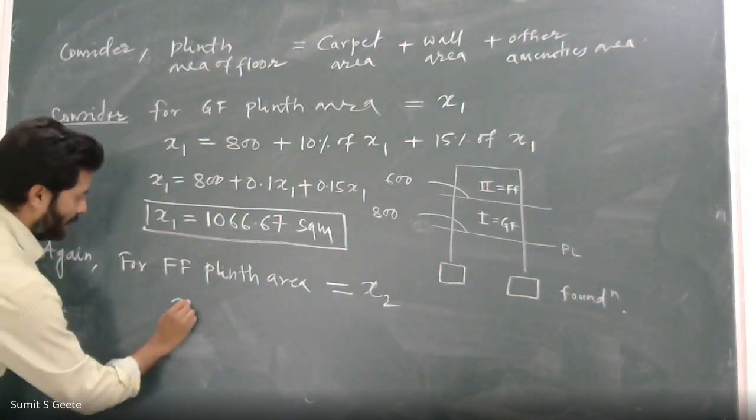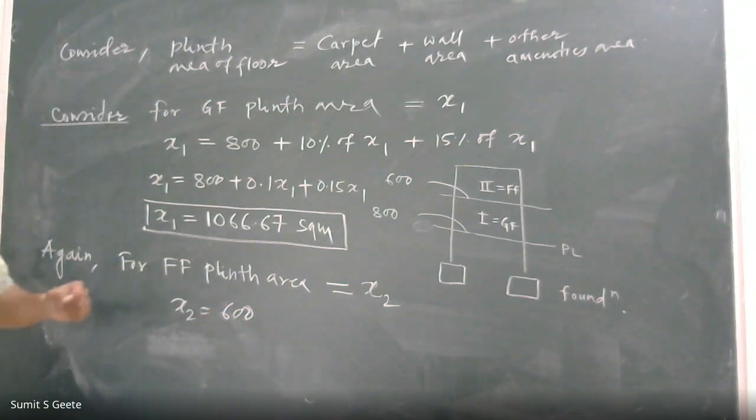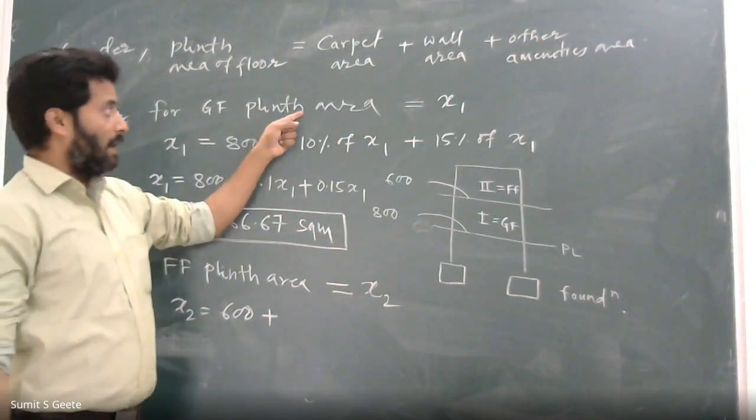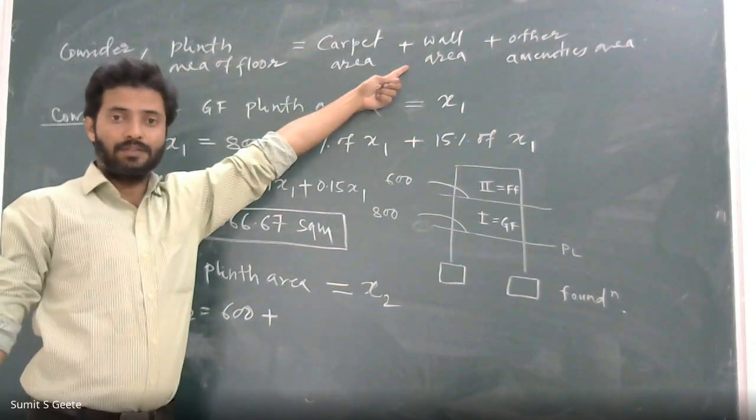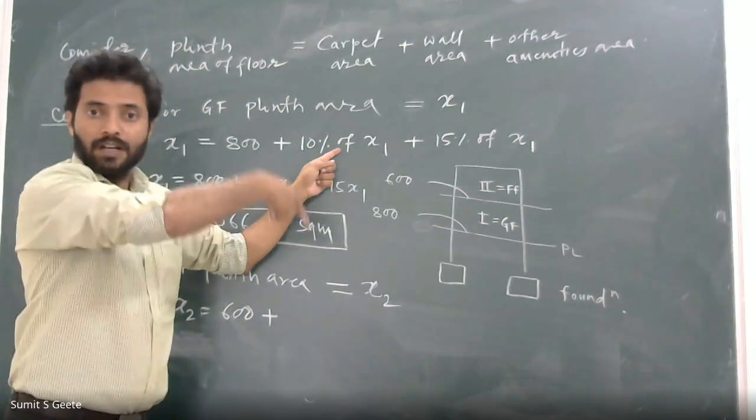so x2 is equal to the carpet area at first floor, 600 as per your problem statement, plus the wall area. What is the wall area for first floor? It is again 10%. But 10% of what? Plinth area of corresponding floor.